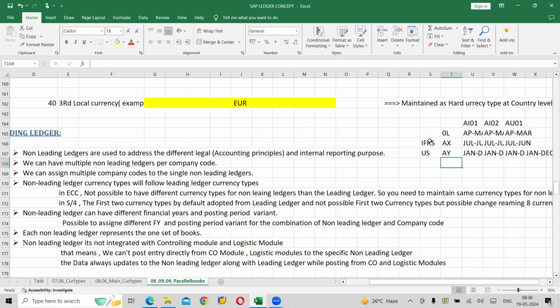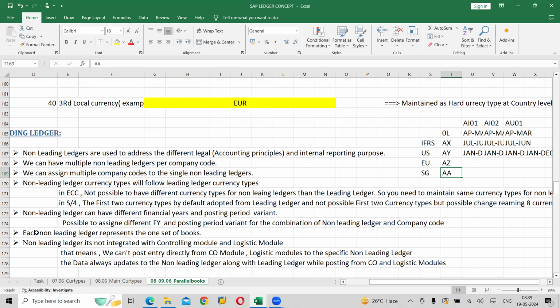And for example, I am creating one more non-leading ledger for Europe, and one more, AA, for Singapore. So for the IFRS set of books we have used AX, for US GAAP reporting we have used the AY ledger, AZ for European books, and AA for Singapore books. Is this clear? Yes, sir.